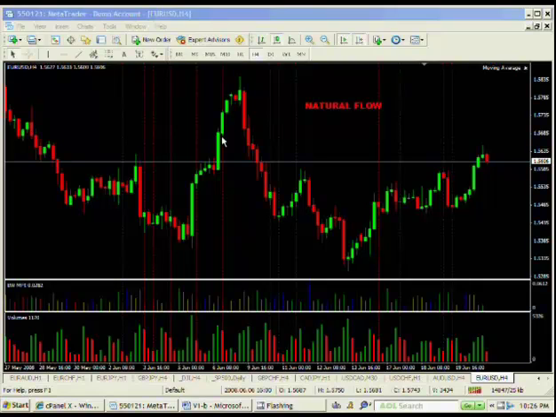Which way is it going to go? Is it going to go up or is it going to go down? Well, if it floats up, then we know that it's going to keep floating up until something stops it. If it starts sinking down, then we know it's going to sink down until something stops it. And once again, in terms of the market, that something is going to be a support or resistance level, or it's going to be operator intervention.